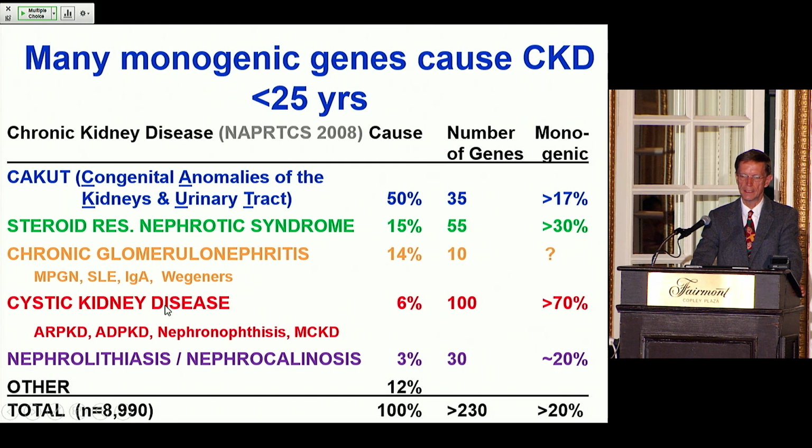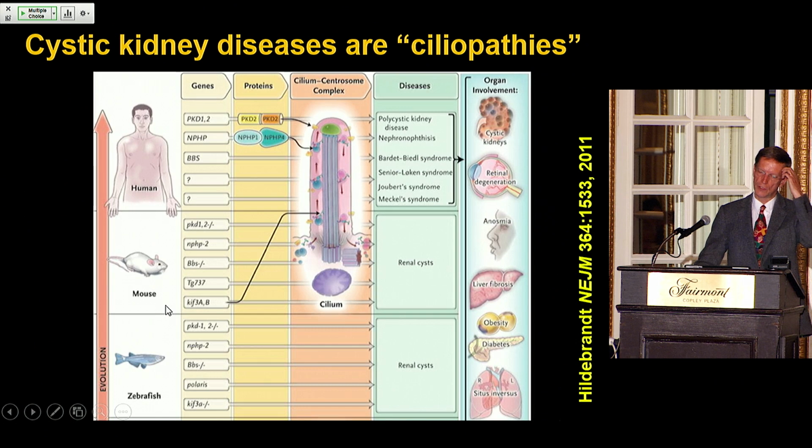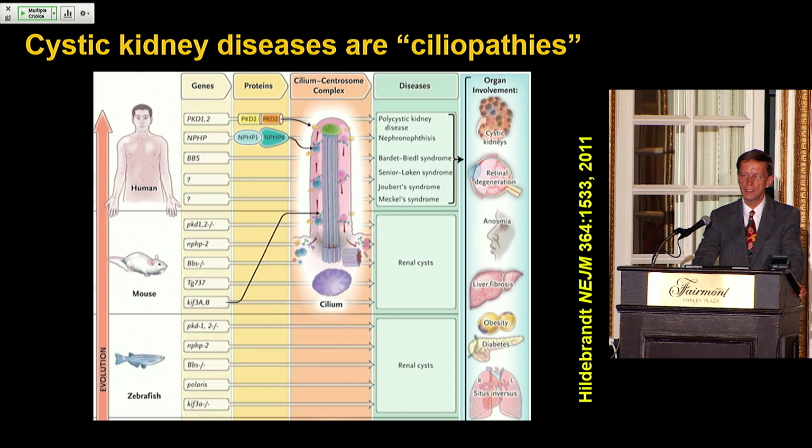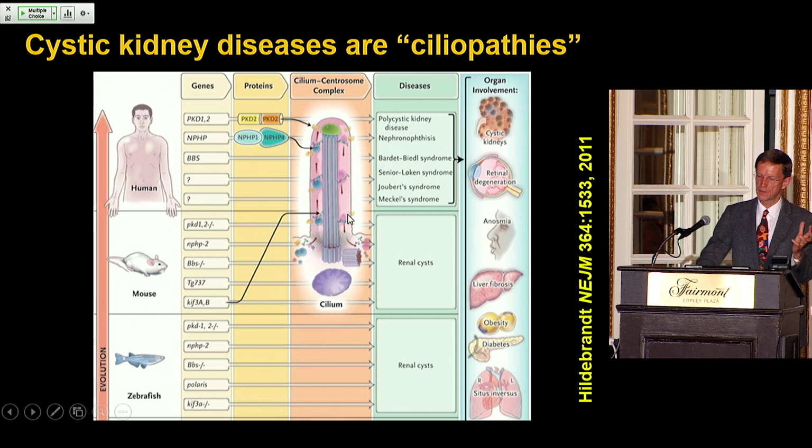These are the cystic kidney diseases. You know that they've also been addressed as the so-called ciliopathies, because the proteins and genes that are mutated in these monogenic cystic kidney diseases are part of what is called primary cilia. These are little antenna-like structures that can be built by virtually every cell in the body.